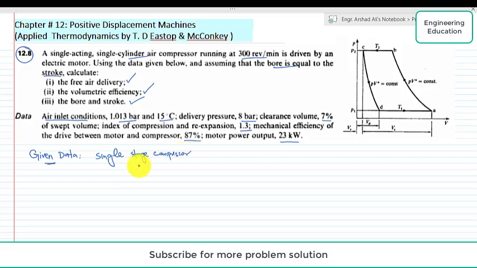Second, we have compressor speed, that is N, equal to 300 revolutions per minute.